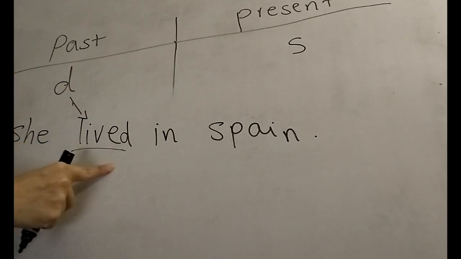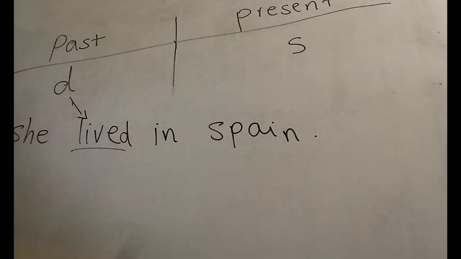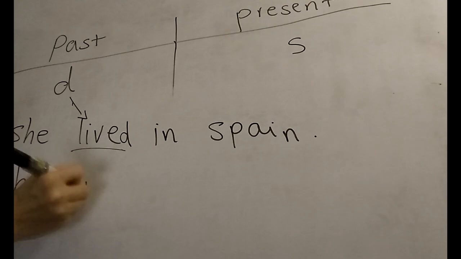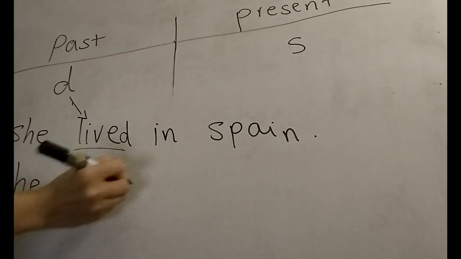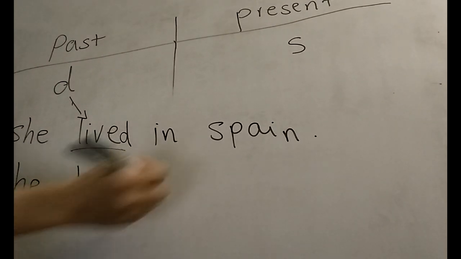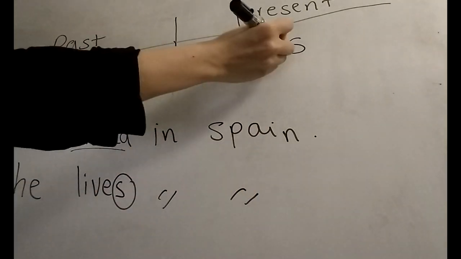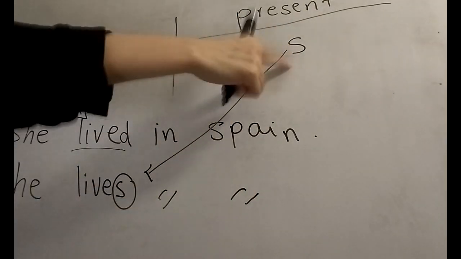But if you want to use the simple present form to talk about something related to a routine, a habit or a fact, as we mentioned in one of the previous lessons, it will be she lives. So we added S in Spain. So in this case, present will be here, right?